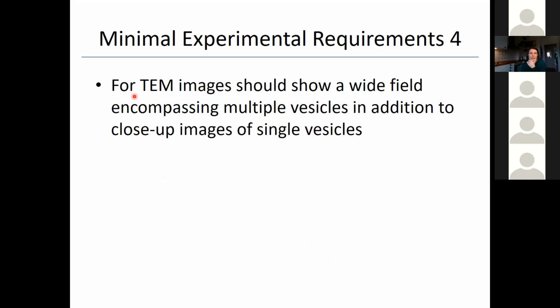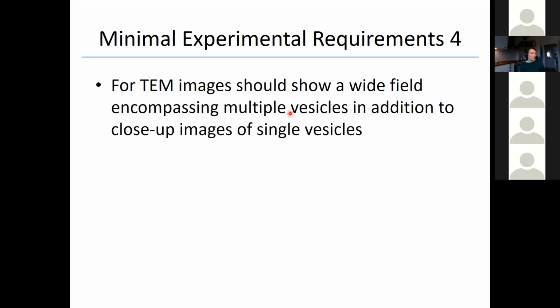And it's also saying that if you're doing TEM, so transmission electron microscopy, the image should show a wide field encompassing multiple vesicles, in addition to close-up images of single vesicles.